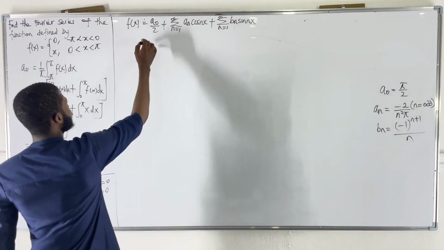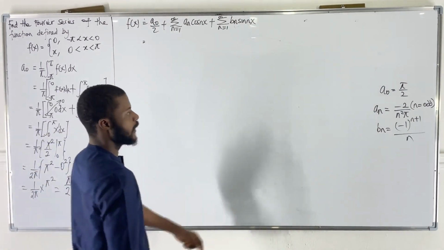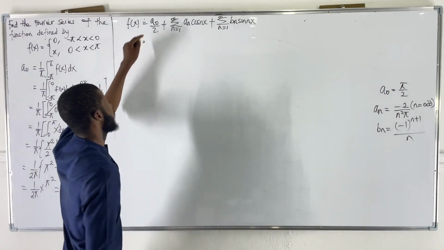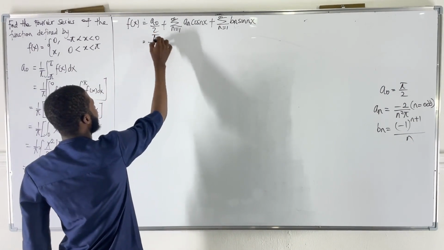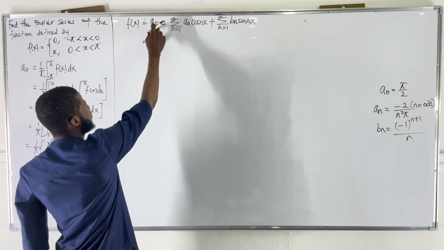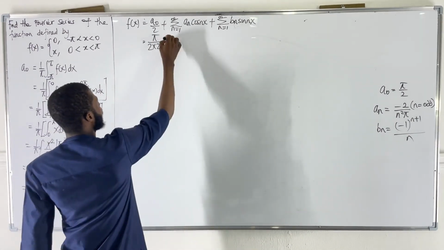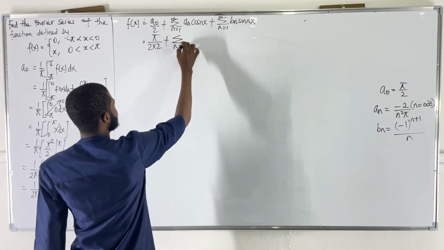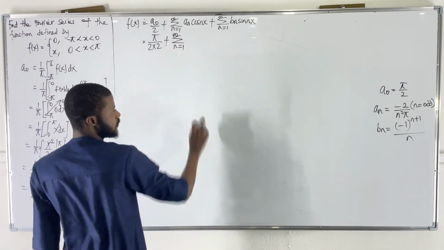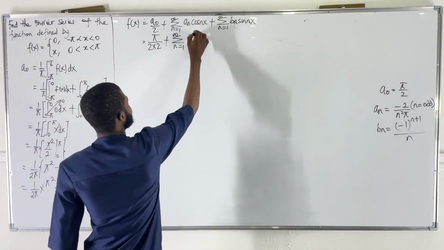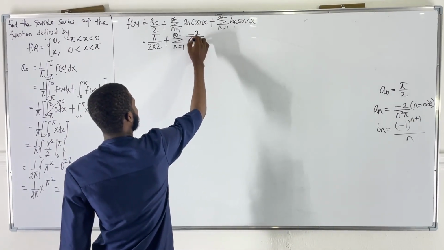Alright, so a naught is pi over 2. So if this is pi over 2, and this one is also over 2, that means this will be pi over 2 times 2 because they are both divided. So they will both just marry themselves. Plus the sum from n equal to 1 to infinity. Now this a sub n is minus 2 over n squared pi. So I have minus 2 over n squared pi.